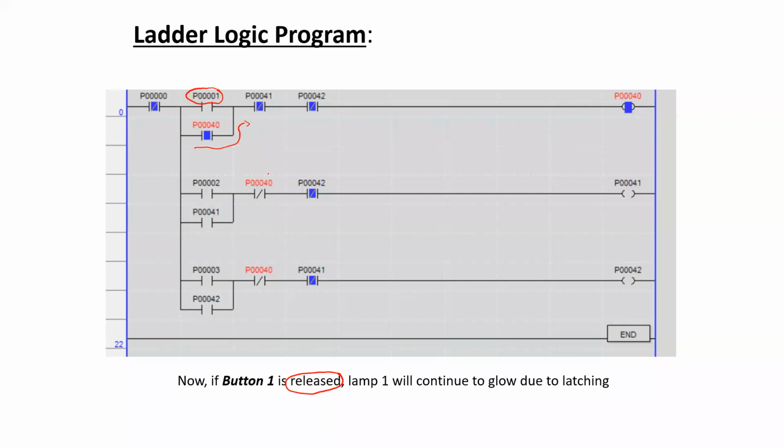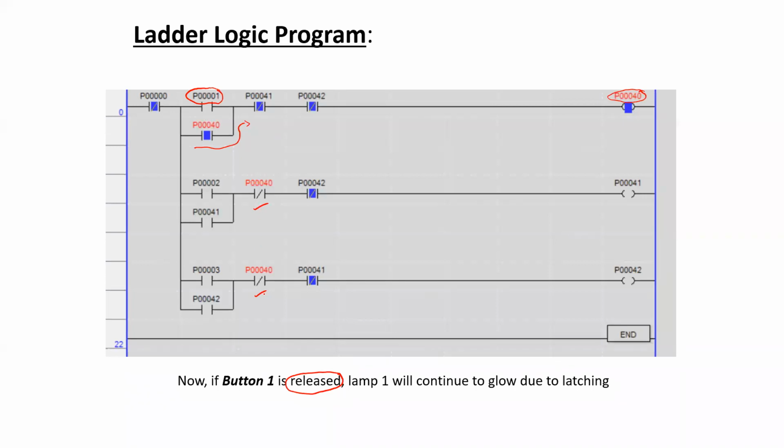At the same time, these contacts were also associated with the same address P40. So whenever this coil P40 got energized, these normally closed contacts became normally open. And this contact was initially normally open, it became normally closed.